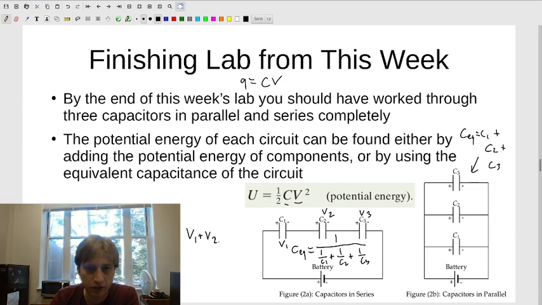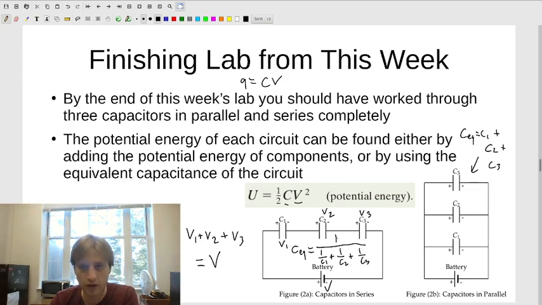V1 plus V2 plus V3 should add up to the voltage of the battery, but they're different numbers typically, and so to calculate the energy of each one of these capacitors, you'd have to use 1/2 C1 V1 squared, 1/2 C2 V2 squared, 1/2 C3 V3 squared, and so you would get those individual energies on each one of those capacitors, then add them up, and that would give you the energy of the entire circuit.